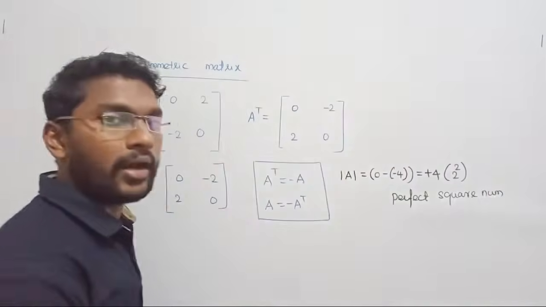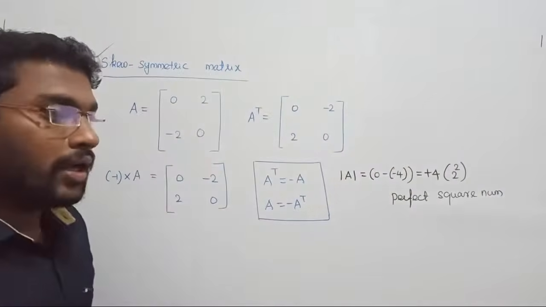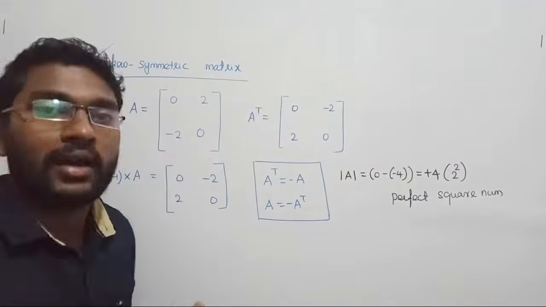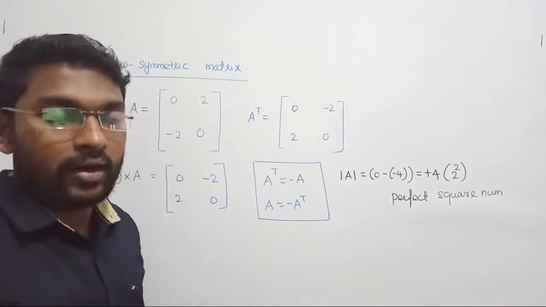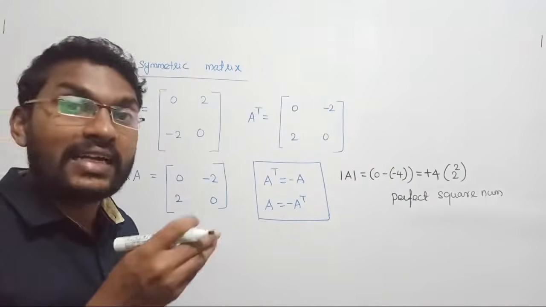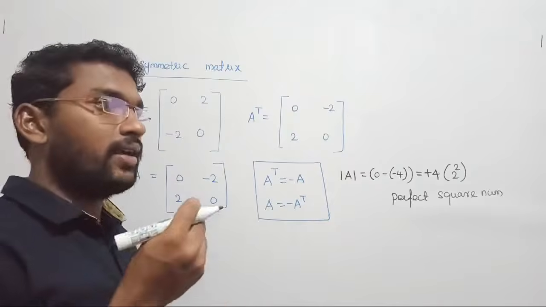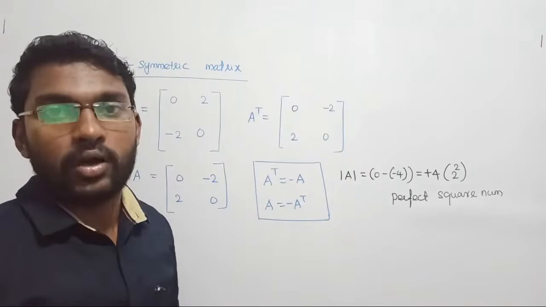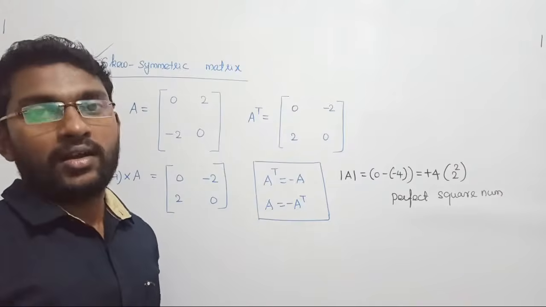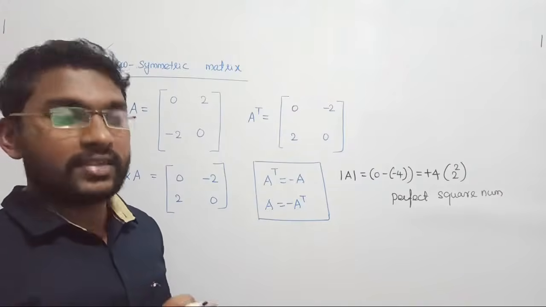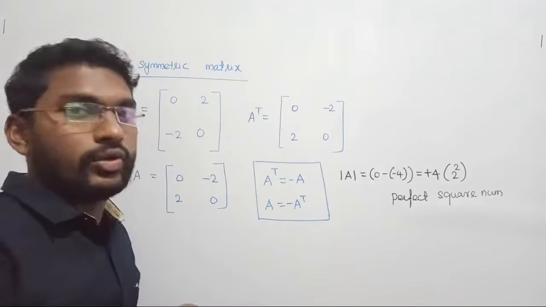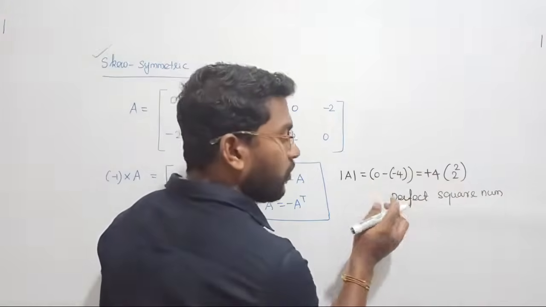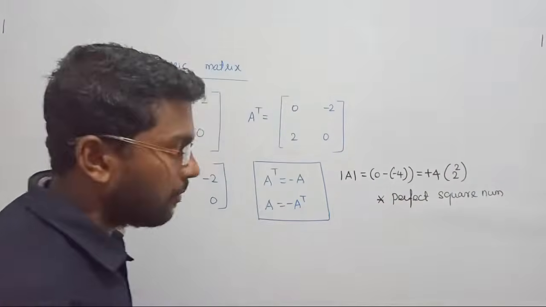It might be 4 here, but if you take some other system it might be 9, 16, 25, 36, 49, 64 or 81. It will be a complete perfect square number, right?